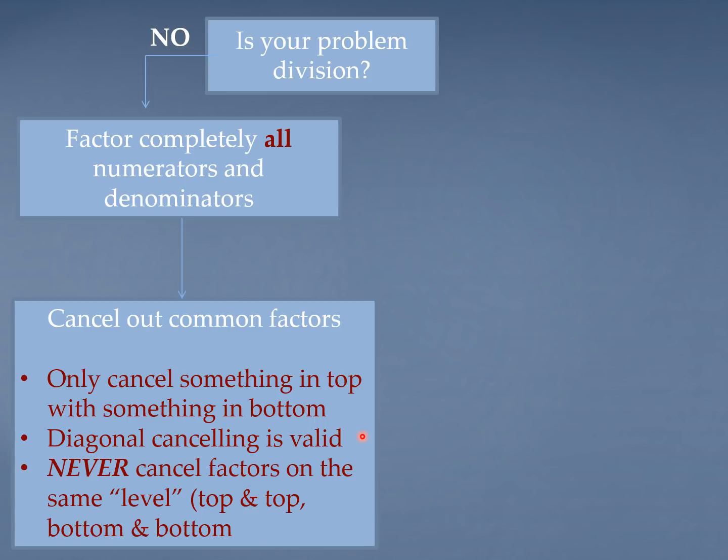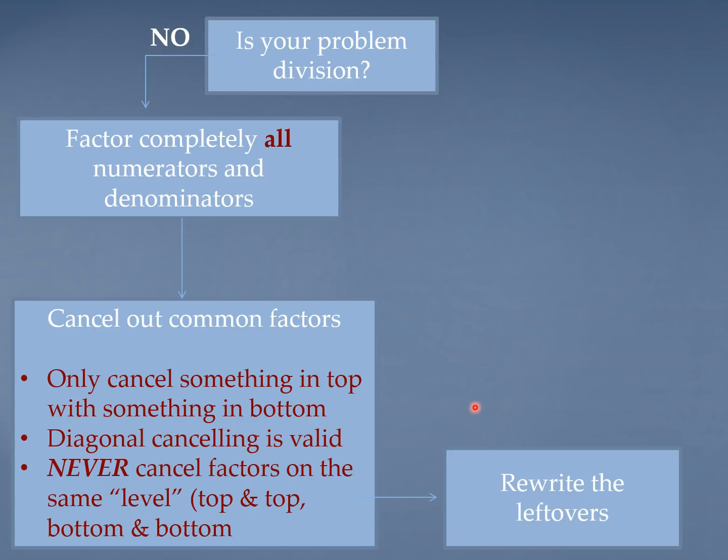What do we do after that? We rewrite our leftovers. Hopefully there's going to be some things left over. If everything cancels out, the answer would just be 1. But that's something else that rarely happens. Whatever's left over, you're going to rewrite that, and that's going to be your answer. Okay? With me so far?